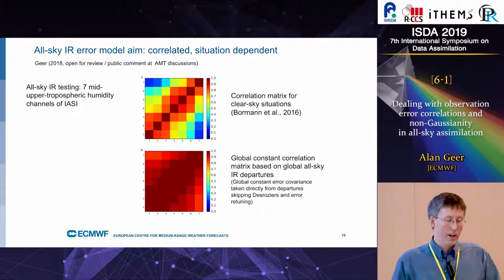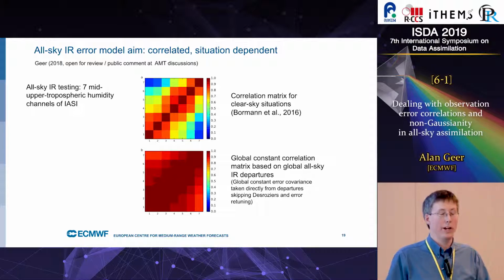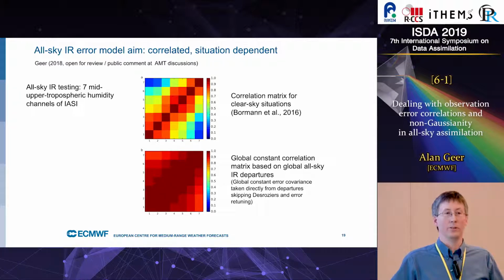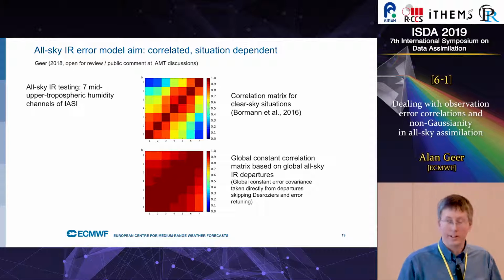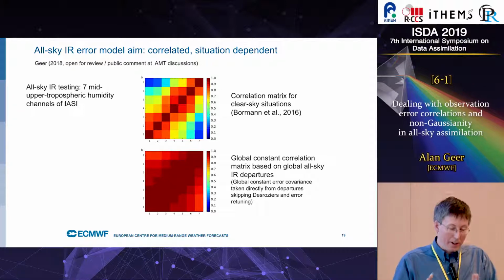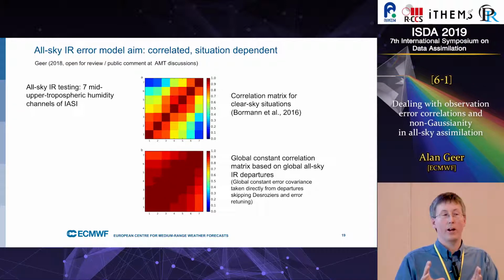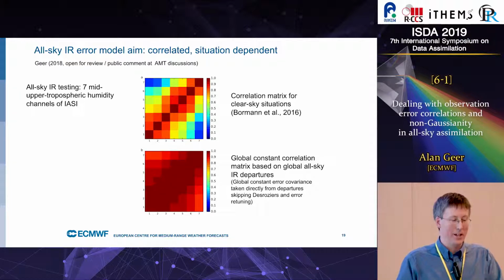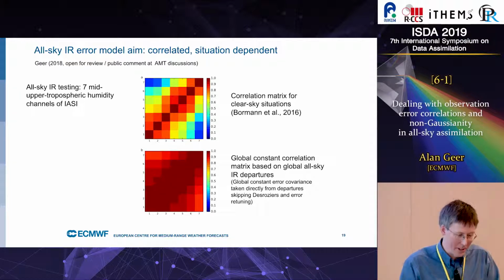On the bottom is the correlation matrix of first guess departures for all global all-sky departures. So that's an all-sky error correlation matrix. And it's highly correlated because cloud affects all the channels equally. So cloud errors affect these channels equally. And that one globally constant error covariance matrix, not just correlation, but error covariance matrix, is the basis for another all-sky situation-dependent error model.